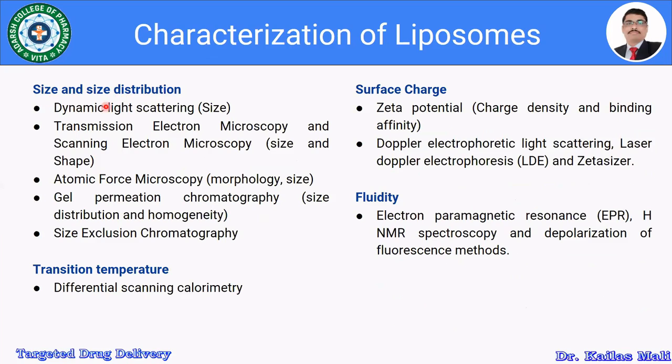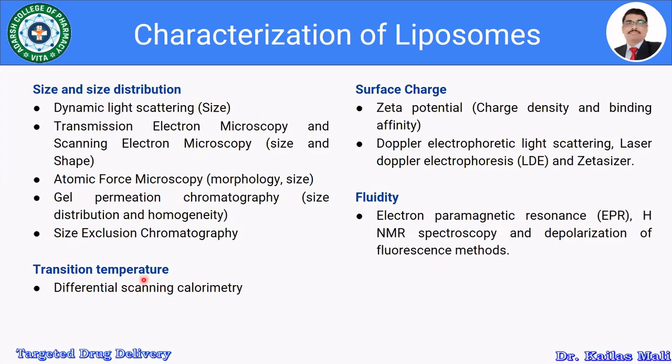Size and size distribution or morphology can be determined by using dynamic light scattering (DLS), transmission electron microscopy and scanning electron microscopy (SEM) for size and shape, atomic force microscopy for morphology and size, gel permeation chromatography for size distribution and homogeneity, and size exclusion chromatography to get an idea about size and size distribution.